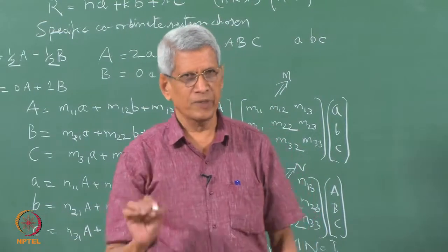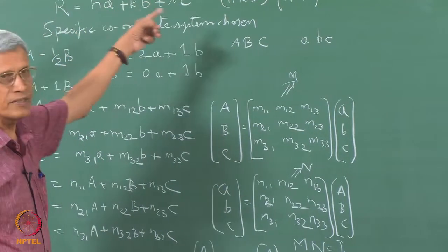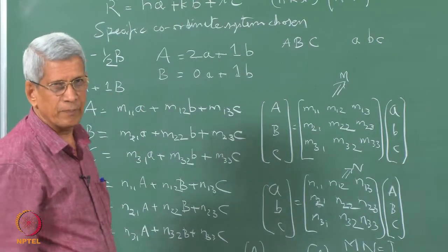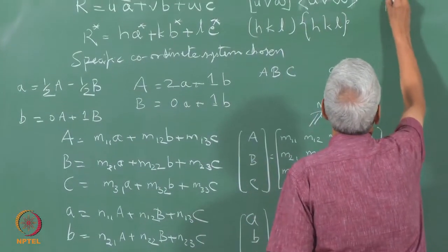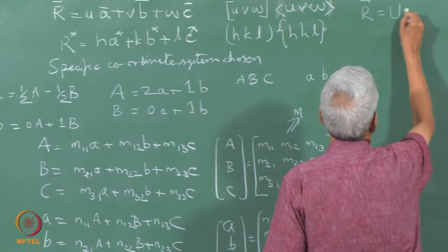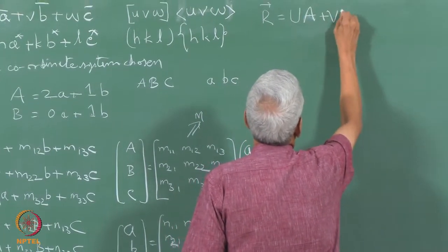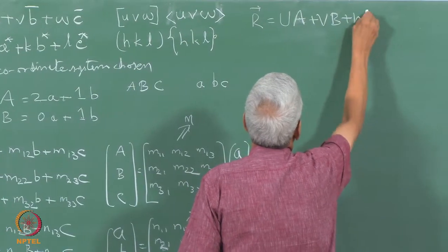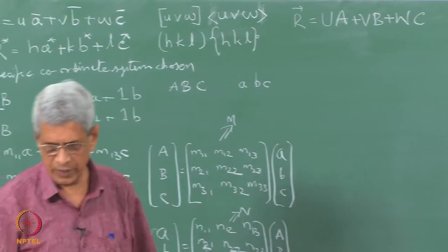So, now we can represent this same vector R in the old coordinate system, and in the new system suppose we wanted to write R equal to U into A plus V into B plus W into C, correct.